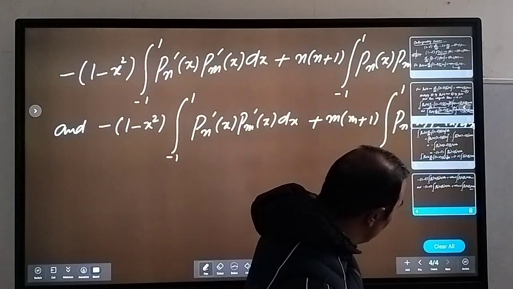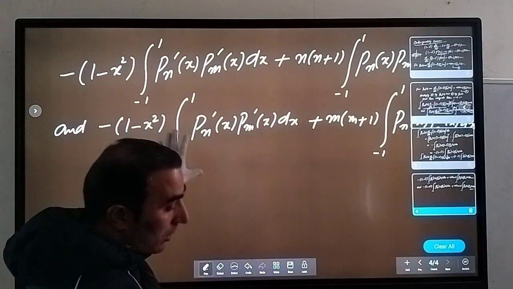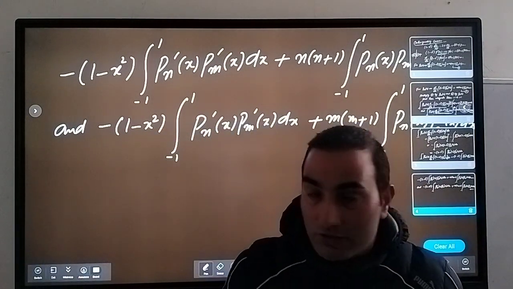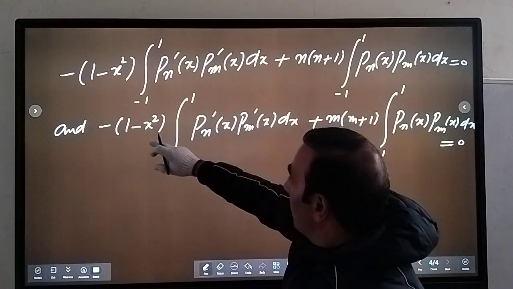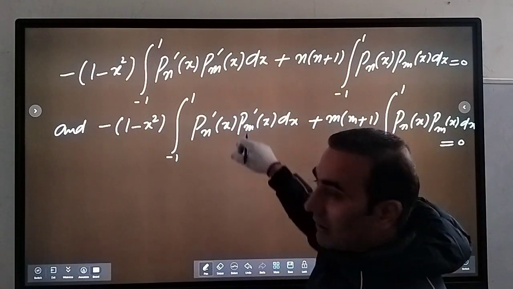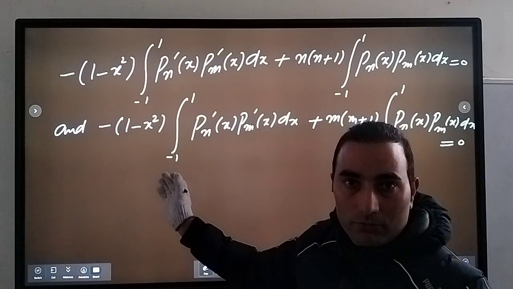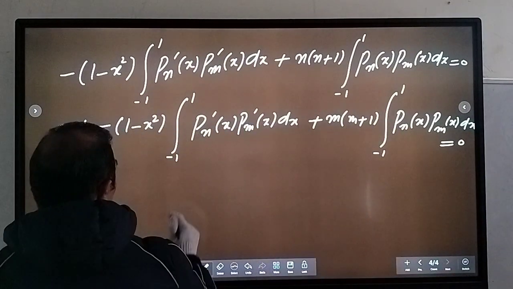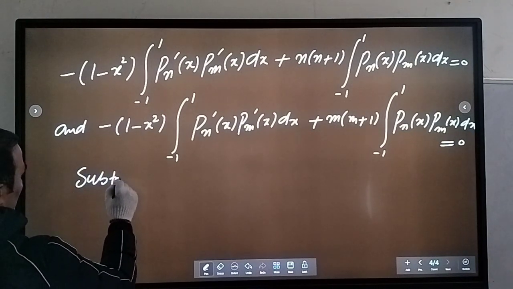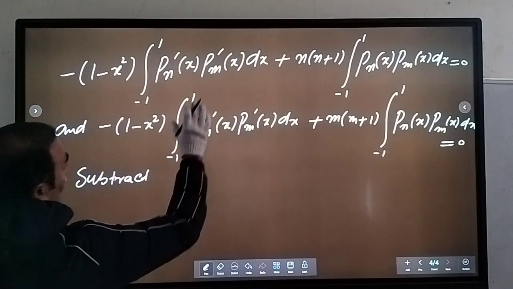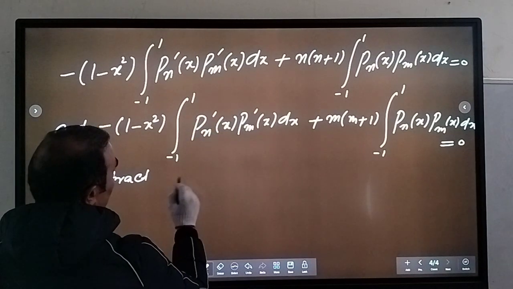So now if we have a look at these two equations, this term will be the same because we have this 1 minus x square, same thing, right? If I subtract them, I can do one thing. You need to subtract these two equations, so we can write that.